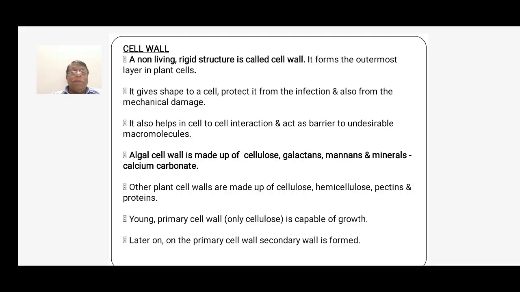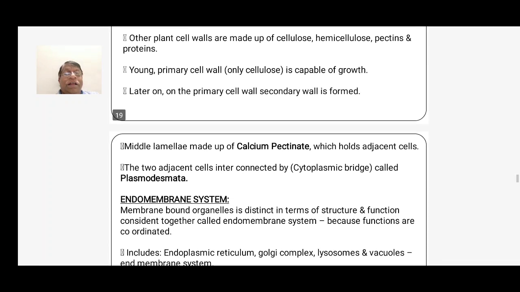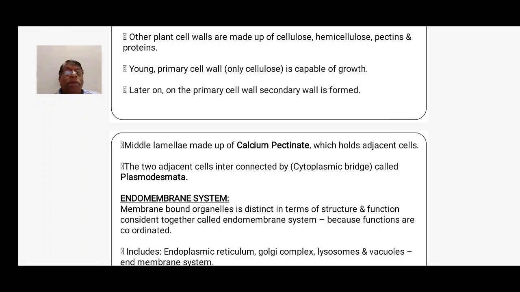The middle lamella is made up of what is known as calcium pectate or pectinate, which holds the two neighboring cells.